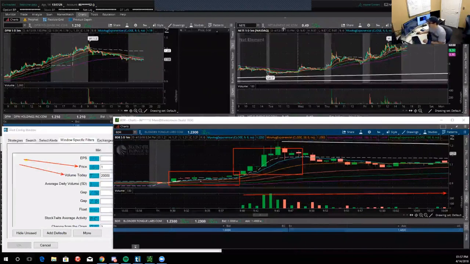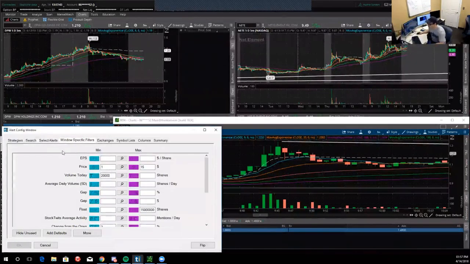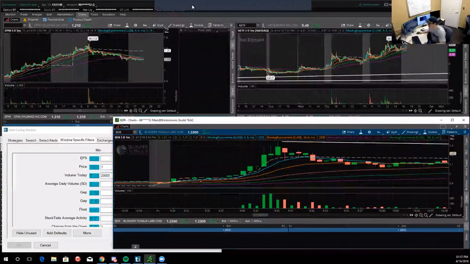On these two bars of volume that I just aimed at, that's the point at which the stock would have started trading around 500,000 shares of volume. So if we were scanning for volume today of 500,000, we would have never been alerted of BDR on this candle. We would have been alerted on this candle or this candle, at which point it's too late to even get in, because the move has already happened. It could continue up later, but for this particular move, it's already done.